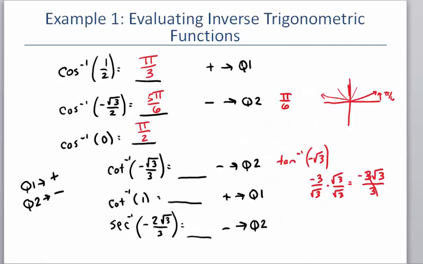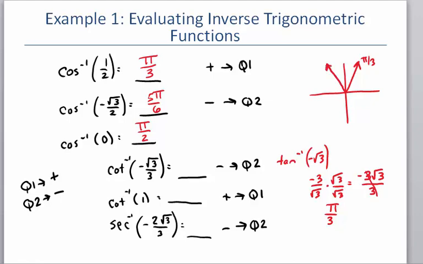So our base angle in the first quadrant is going to be pi over 3. But now remember, we need to take that angle into the second quadrant. So I'm going to go ahead and draw it in the first quadrant, pi over 3. I'm going to mirror it over into the second quadrant. And again, that second angle is going to have the same trig values. It may have a different positive or negative, but it will have the same trig values as the pi over 3 angle.